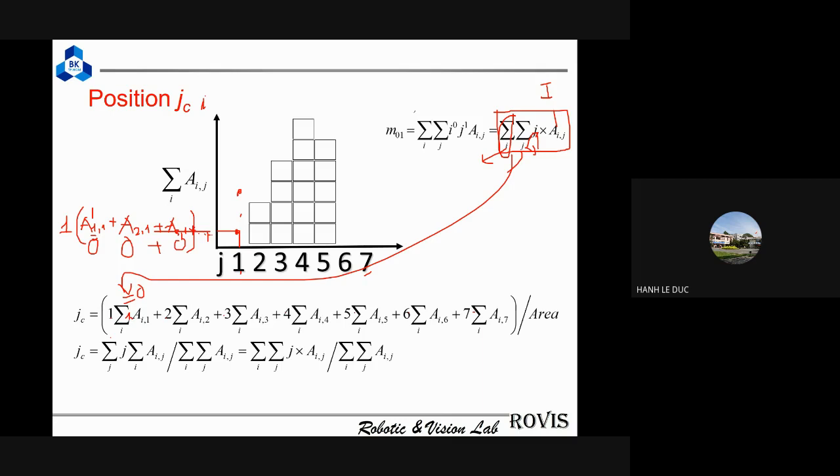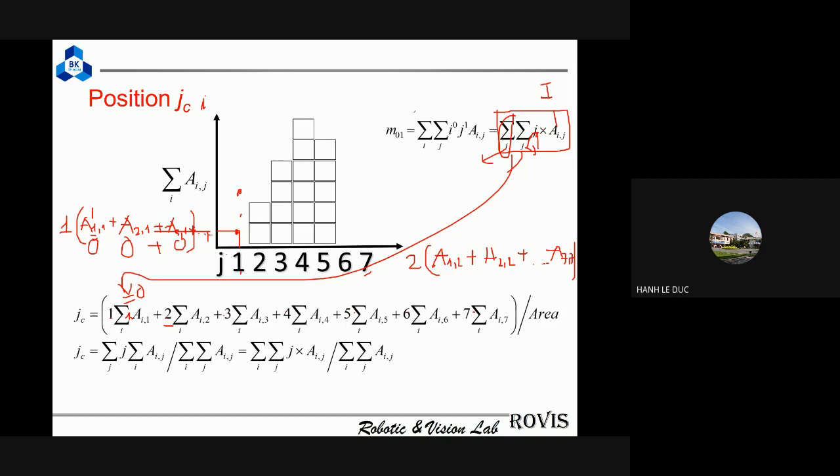And how about this one? Let's see. 2 multiply A12, plus A22, plus A32, until A77.